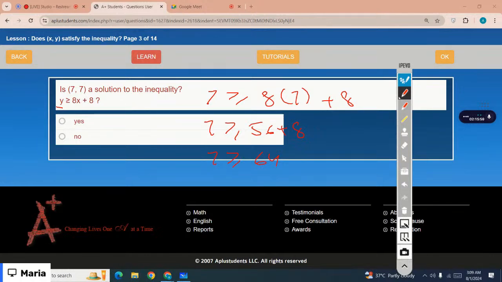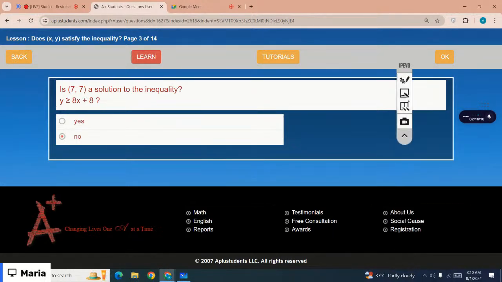The correct option is no, 7 is not greater than 64, right? So false it is. (7, 7) is not a solution to the inequality. The correct option is no.